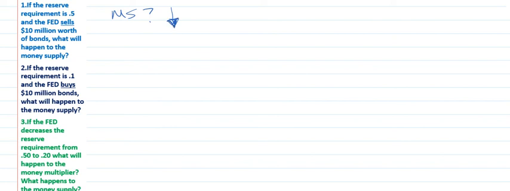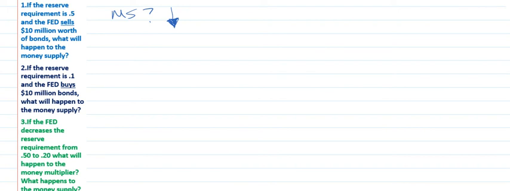And if you're like, what? Why? Well, we know the money supply is going to decrease because the Fed is selling bonds, right? So think of the Fed as this huge vault. It can either send out cash to society, or it can send out bonds to society. If it sends out cash, it wants bonds. If it sends out bonds, it wants cash. So if it's selling bonds or sending out bonds into society, it wants cash. So the money supply is going to decrease.